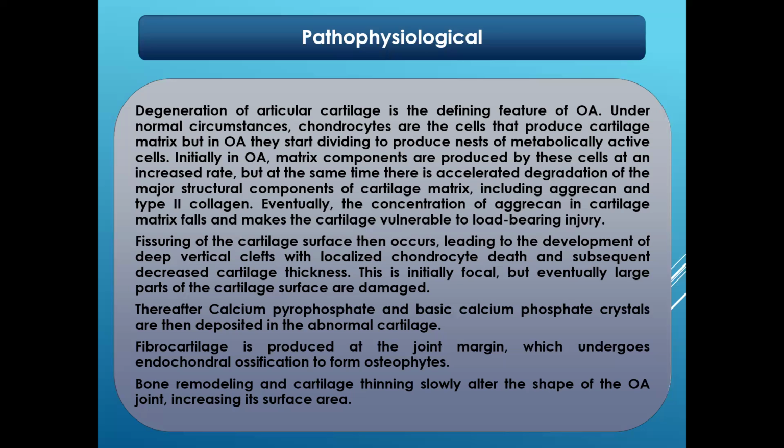And then bone remodeling and cartilage thinning slowly alter the shape of that joint and increase the surface area. So that is what happens in an osteoarthritic joint. That is the brief pathophysiology process that occurs in osteoarthritis.